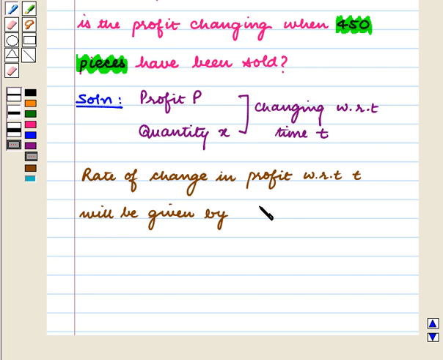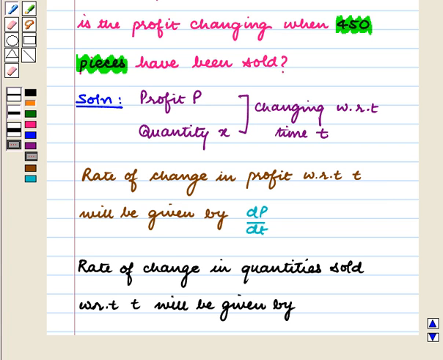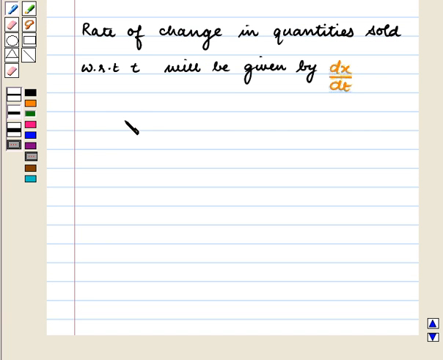So rate of change in profit with respect to t will be given by dP by dt and rate of change in quantity sold with respect to t will be given by dx by dt. We have the following equation: P equal to minus x square plus 3100x minus 2500.